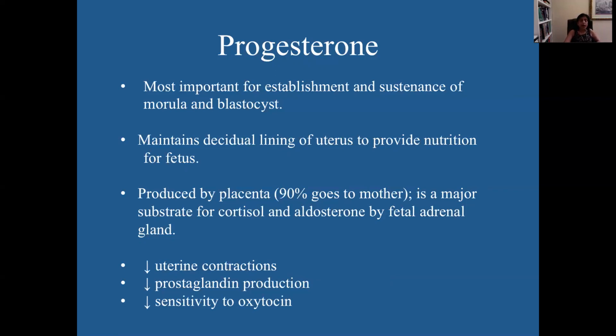Now we'll talk about its other functions: decreased uterine contractions, decreased prostaglandin production, and decreased sensitivity to oxytocin. All of these are important in preventing too many contractions, which may simply make the newly implanted structure be pushed out of the uterine wall.